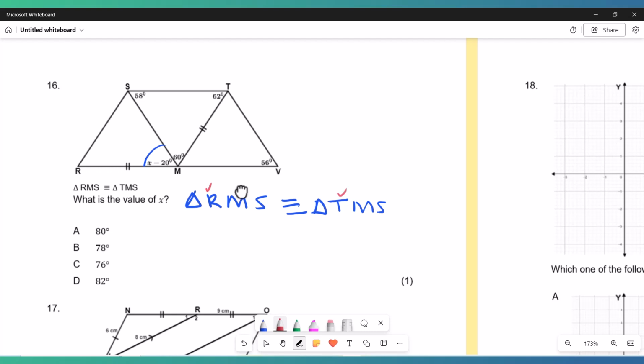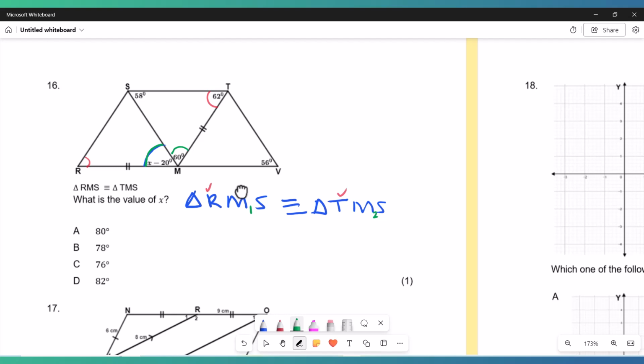So this angle R equals angle T, which is 62. And then my angle M, I'm going to call it M1 now. My angle M1 equals angle M2. Now M1 is in RMS, this is my M1 here, and M2 is in TMS, so it is M2 here because of congruence.